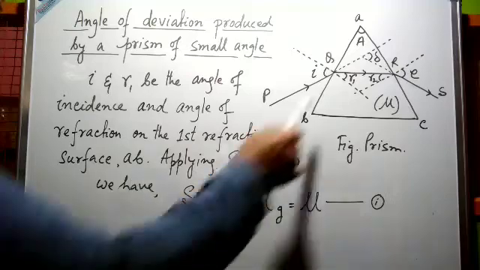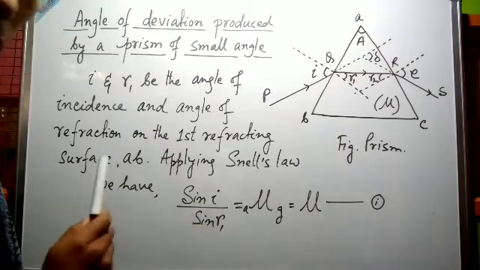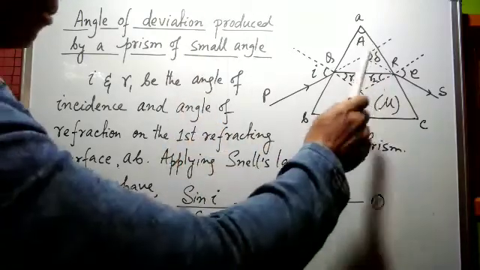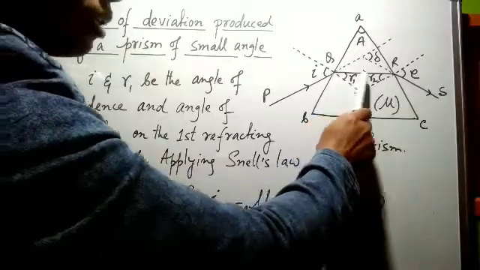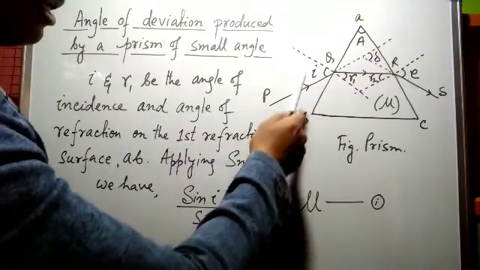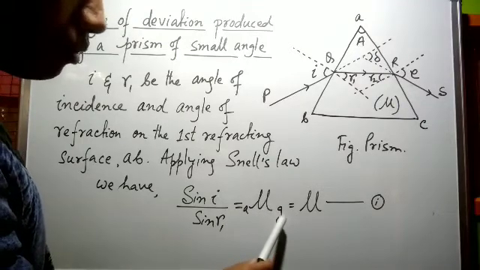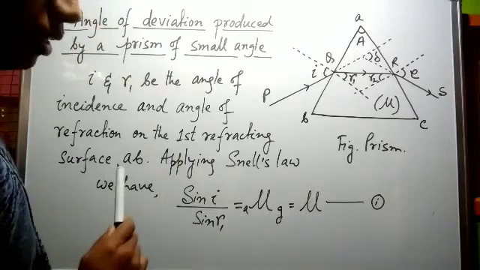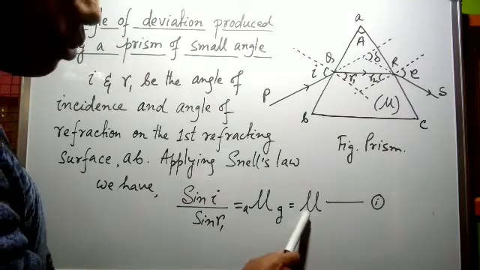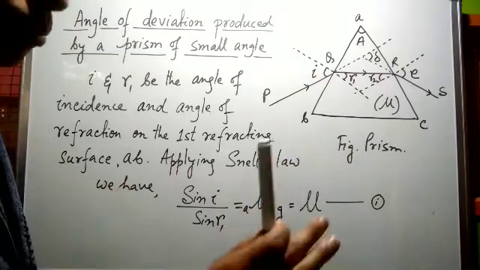Applying Snell's law on the first refracting surface, Snell's law is sine of angle of incidence divided by sine of angle of refraction equal to the relative refractive index of the medium in which the light ray is refracted, that is the prism, the glass, with respect to air. That is the relative refractive index of glass with respect to air, which is the absolute refractive index of glass, that is the absolute refractive index of the material of the prism.